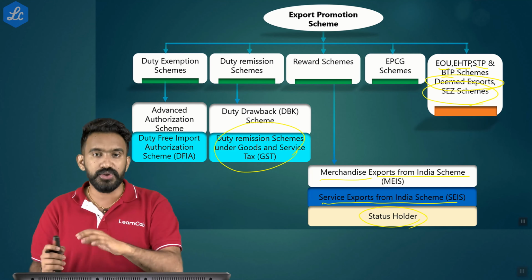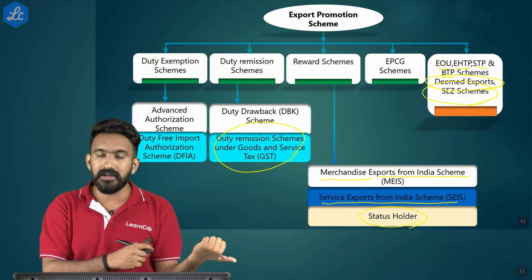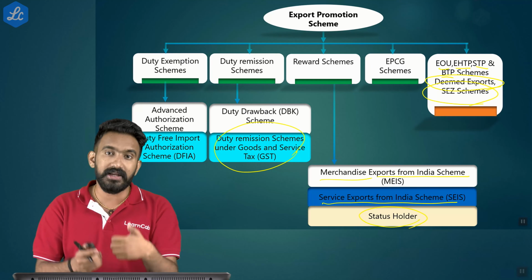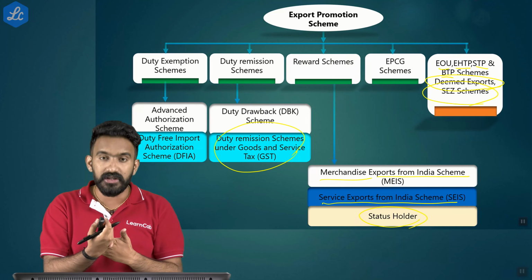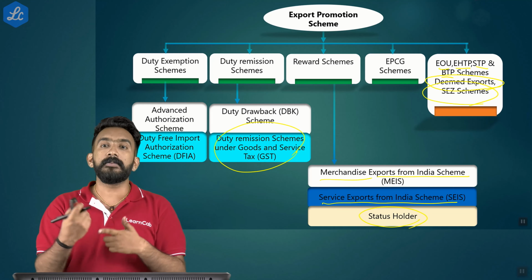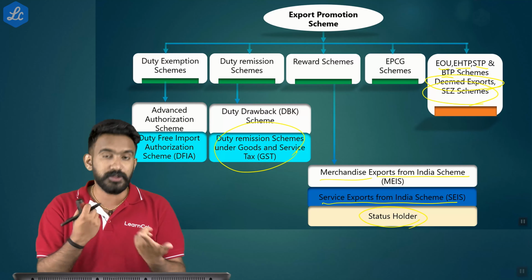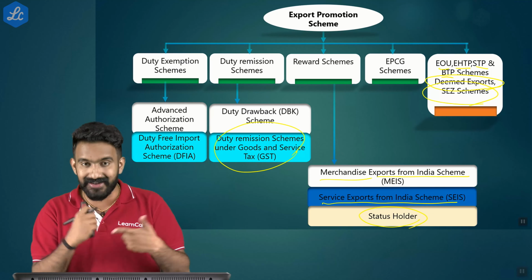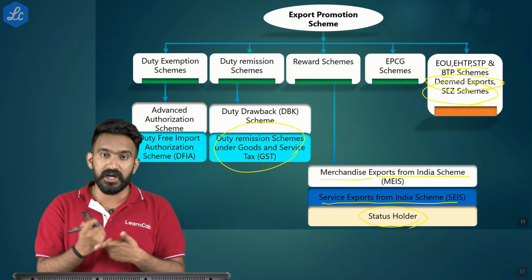Then you have remission, which is going back to customs and GST. You have duty drawback schemes in customs. In GST, you do have zero rated export schemes available. Zero rated exports are zero rated in GST, and you get a refund of the inputs that you have purchased in a ratio, and all that you would have studied.